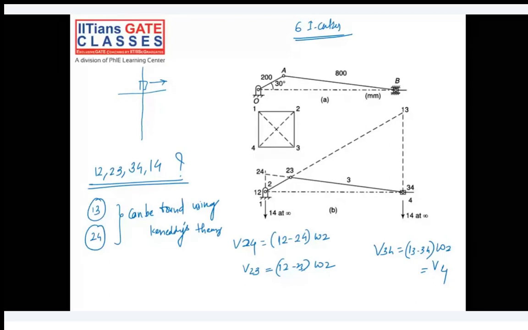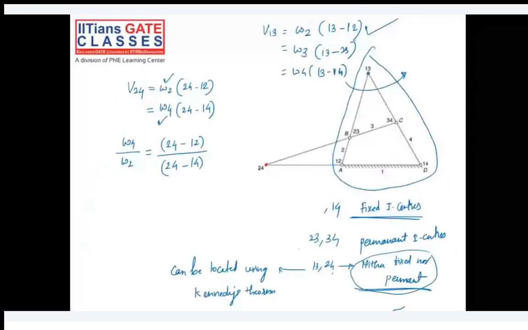If you have any doubt till this, feel free to ask. Regarding the previous question, calculation of velocity of 1 3, I will explain you in a better way in the next class. If you have any other doubt, let me know, because we are at the end of this chapter.